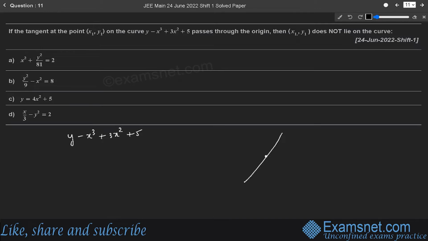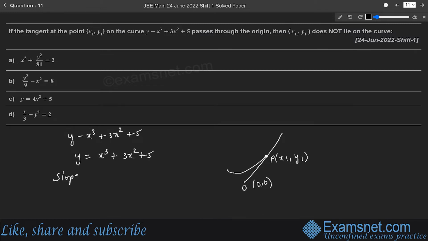Let this be a point, and let this be the required curve. This is O, which has the coordinates (0, 0), and let this be point P, which is (x1, y1). The curve is given, and it can also be written as y is equal to x cube plus 3x square plus 5.